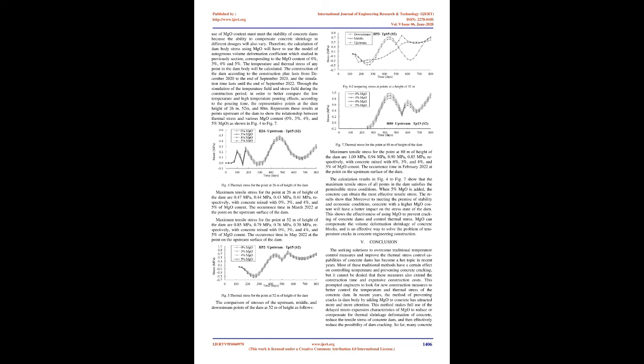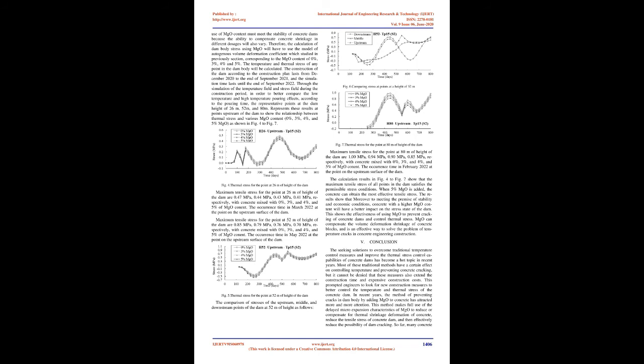Represents these results at points upstream of the dam to show the relationship between thermal stress and various MgO content, 0%, 3%, 4%, and 5% MgO, as shown in Fig 4 to Fig 7. Fig 4. Thermal stress for the point at 26 m of height of the dam.